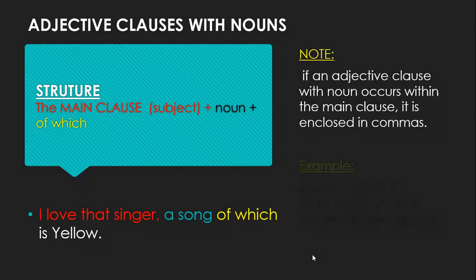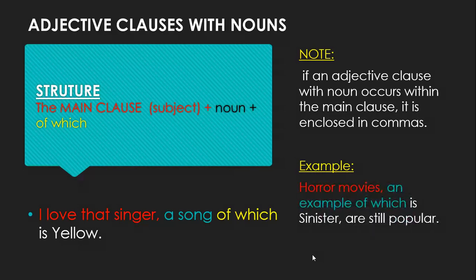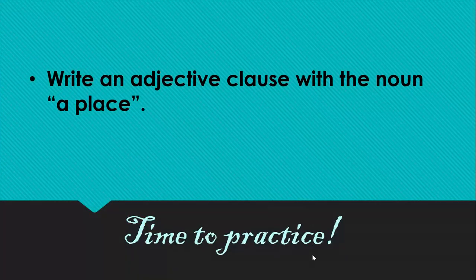Also, if an adjective clause with noun occurs within the main clause, it's enclosed in commas. Example, horror movies, an example of which is Sinister, are still popular. Let's practice. Stop the video.